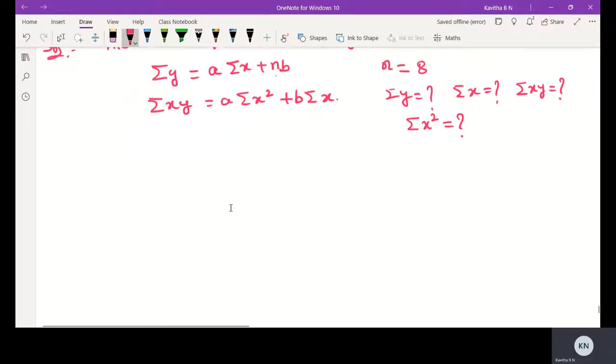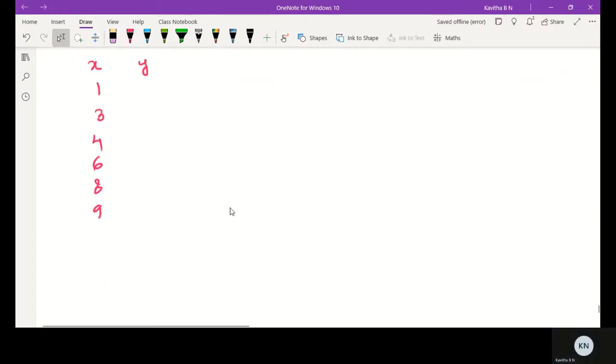Then write the table here, x, y. The x values are 1, 3, 4, 6, 8, 9, 11, 14. The y values are 1, 2, 4, 4, 5, 7, 8, 9.